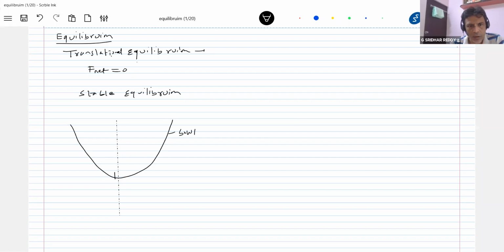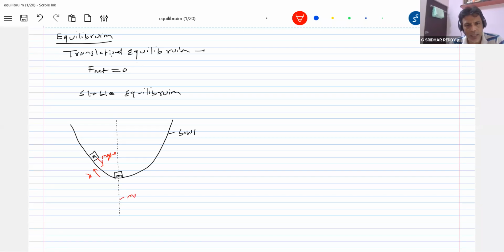There'll be a force acting on the block, mg sin theta, and that mg sin theta will pull the block back to the mean position.